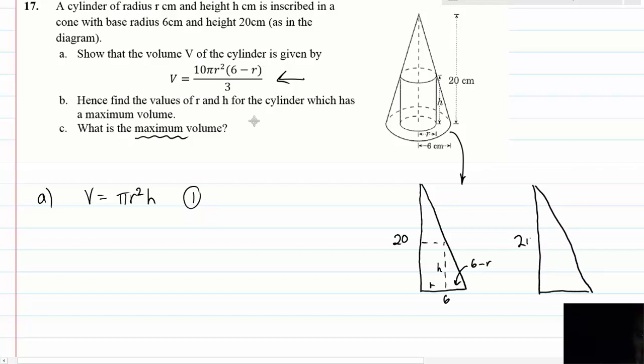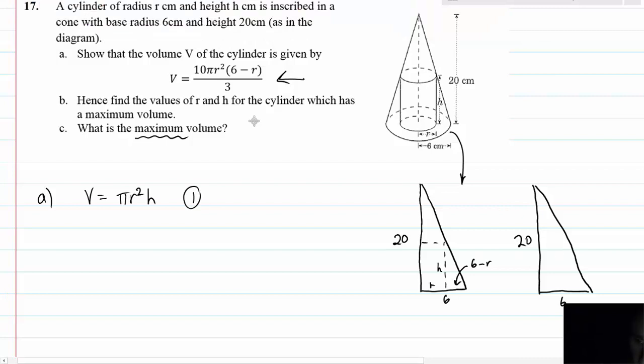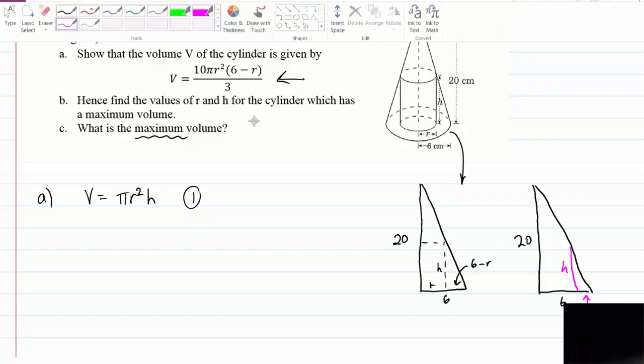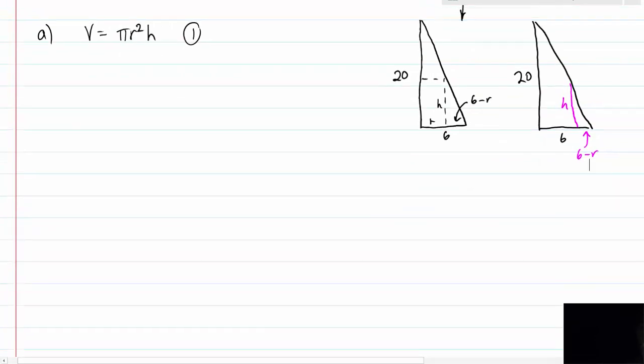So I'm dealing with a triangle that looks like this. My big triangle is 20 and 6, and in pink, my little triangle is h and 6 minus r. And so therefore, in blue, I have a similar triangle relationship, and that is that h over (6 minus r) is equal to 20 over 6.